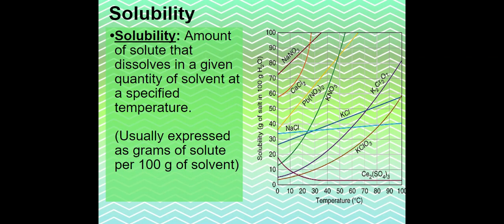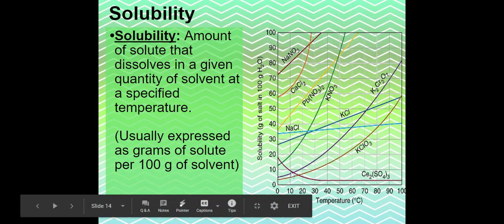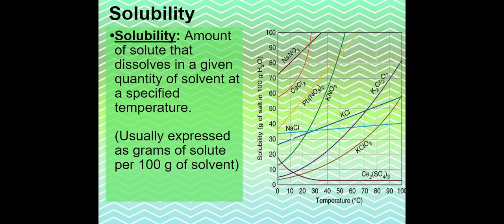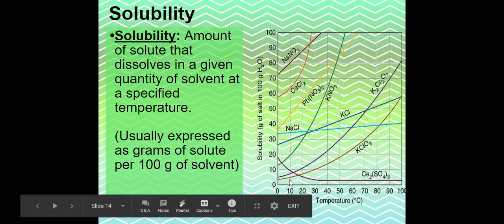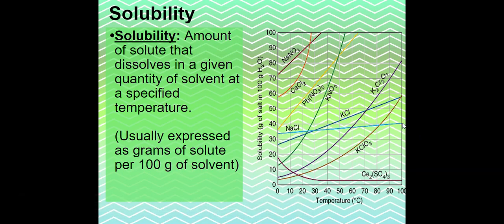So, for example, if you're looking at NaCl here at 10 degrees Celsius, you can dissolve about 35 grams of salt in water. But you notice again, as you increase the temperature, over here to 100 degrees Celsius, now I can dissolve 40 grams of salt.